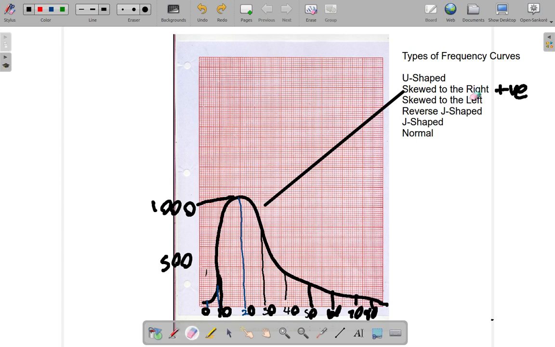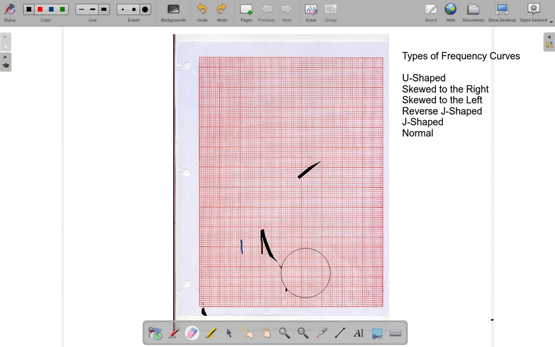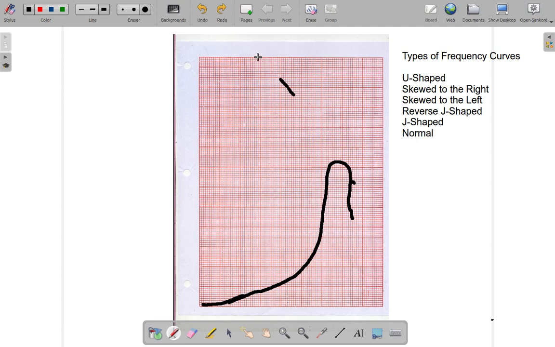Let's look at the skew to the left now. Skew to the left. Of course, you have a long tail to the left, right? And it goes way up, and then down on the right. Let me erase part of this. I want it to look a bit smoother.